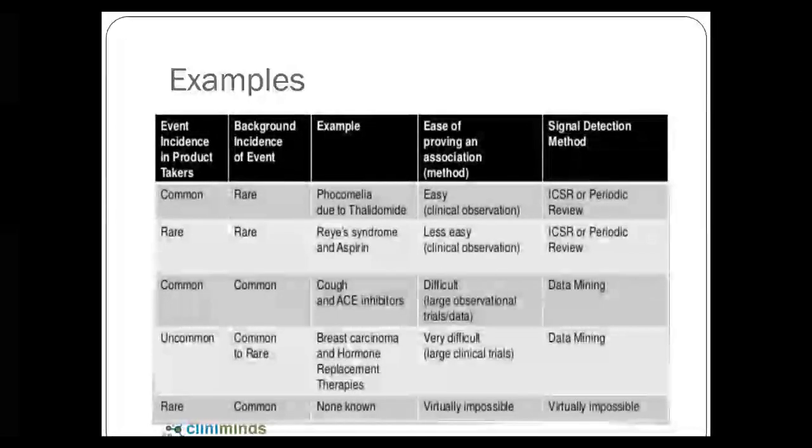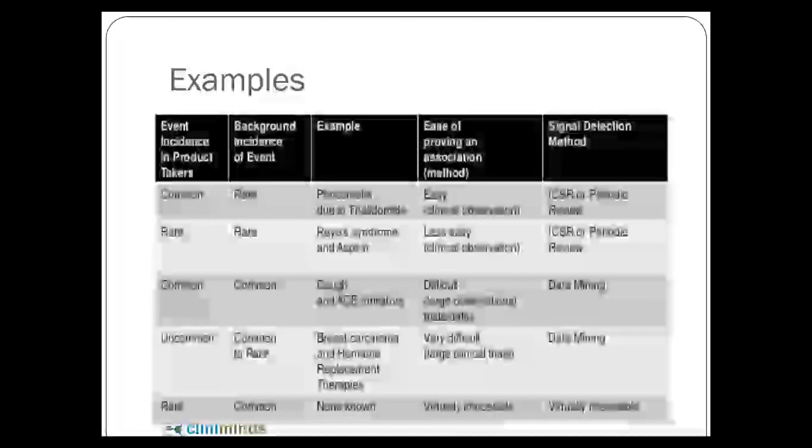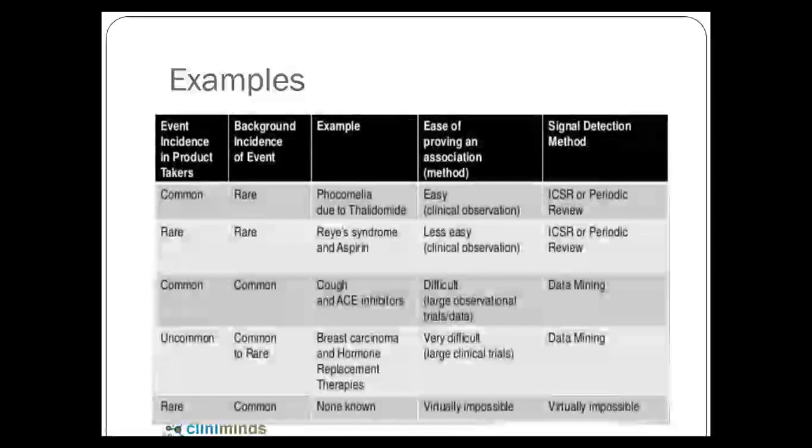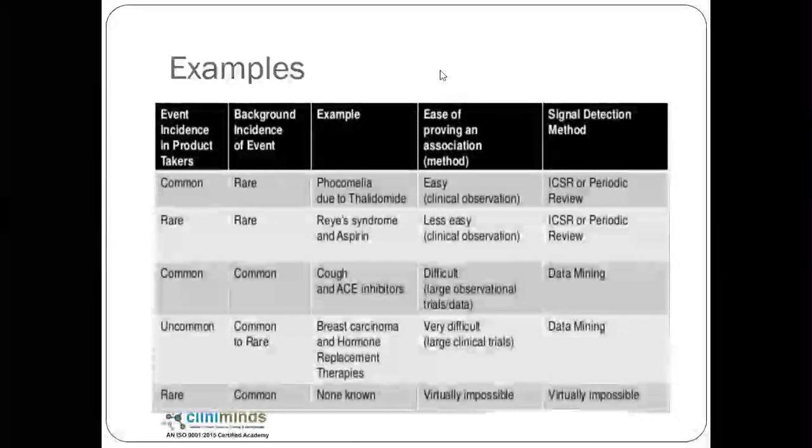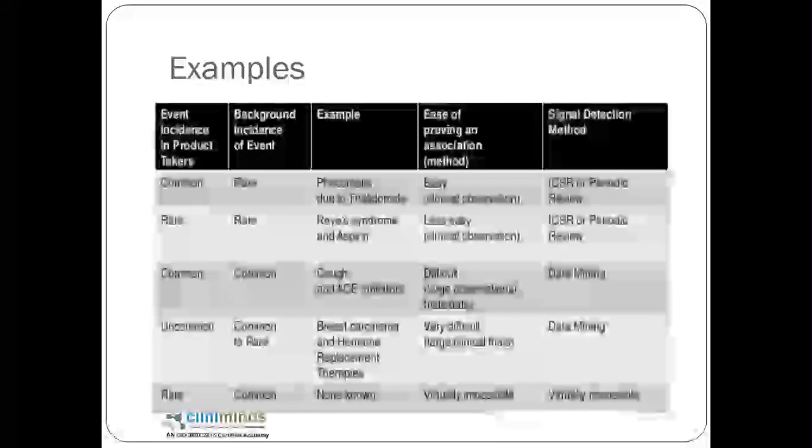Then again, if the event is uncommon in patients, but common to rare in the background, it becomes very difficult to find the causal association with the drug, and again bigger data mining becomes the best way of detection. In the last scenario, where it is rare in the patients and common in the background, it is a reverse scenario. This is most likely not due to the drug, and so it becomes virtually impossible to detect any such scenario.